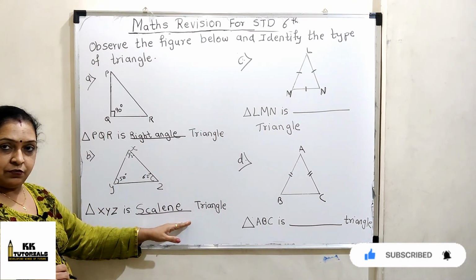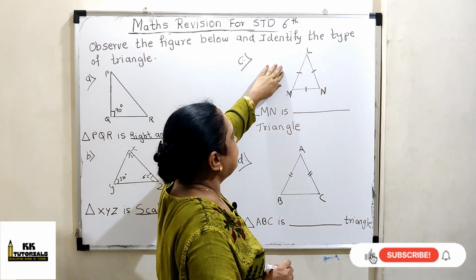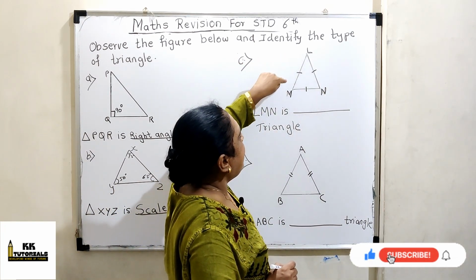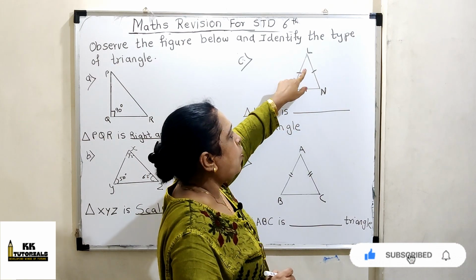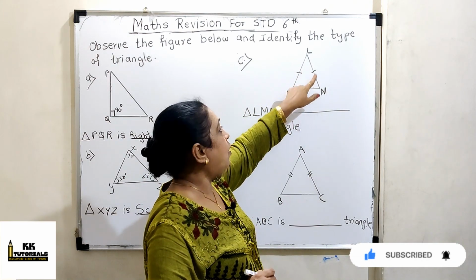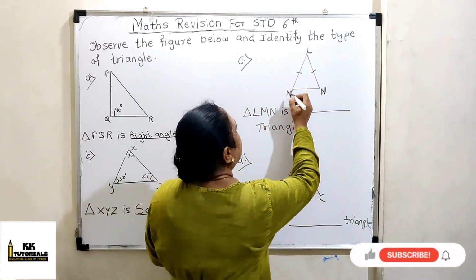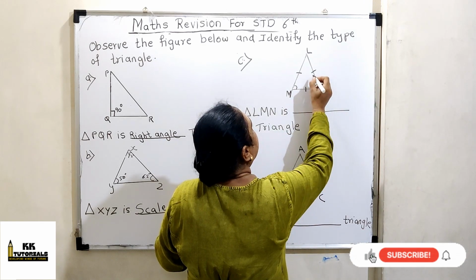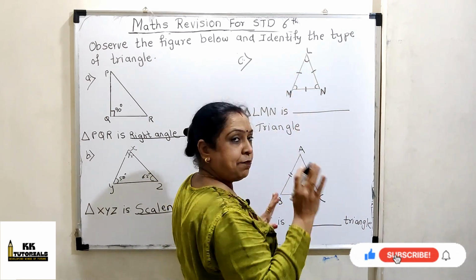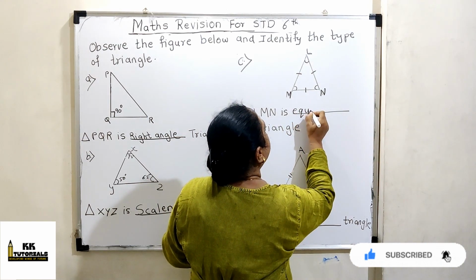Scalene triangle. Okay? Now, C. In this triangle LMN, all the sides are of equal measurement. Okay? All the angles are of same measurement. So, that means this angle and this angle are of same measurement. So, it is an equilateral triangle.